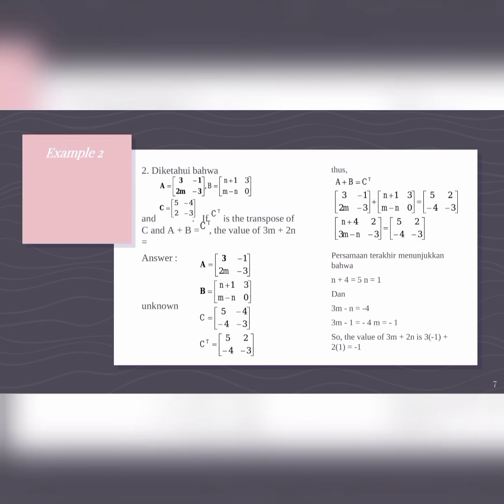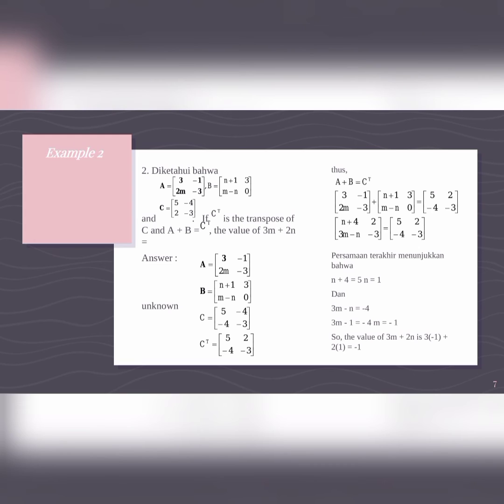And we can get N plus 4, 3M minus N, 2, minus 3 equals matrix 5 minus 4 2 minus 3.